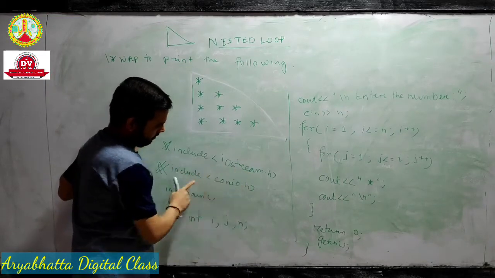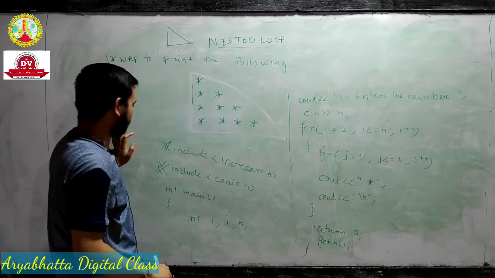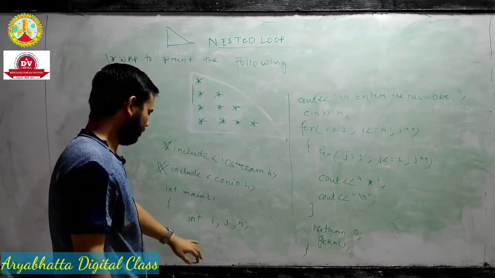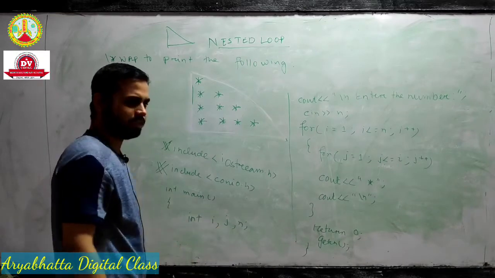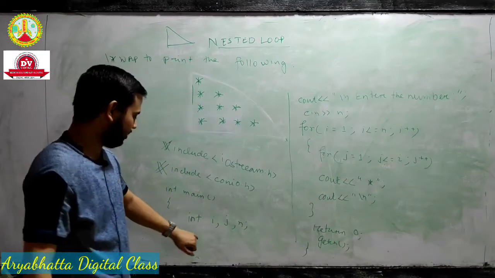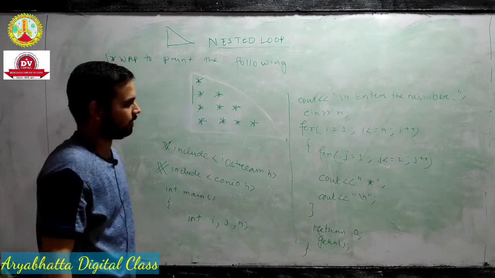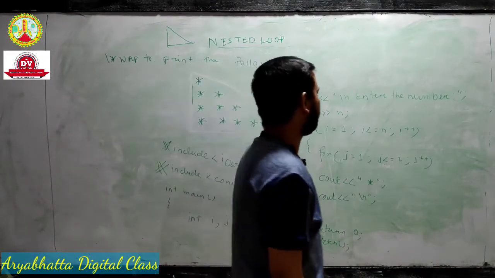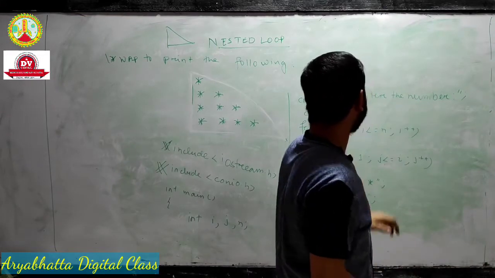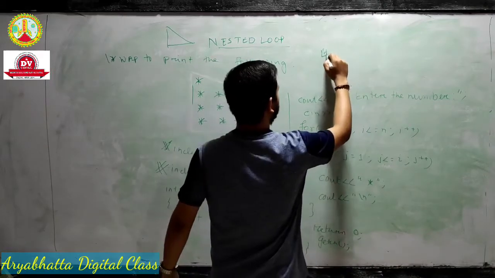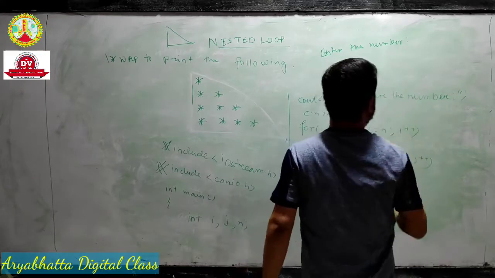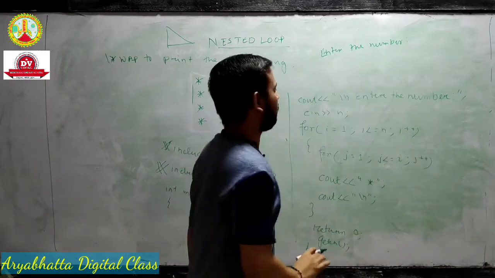Hashtag include iostream, conio. You already know this; we are familiar with these two parts from many times. Main function, and then the variables: we take three variables i, j, and n, and for the data type we take int. Now see, enter the number means you have to take any integer value, 3, 4.